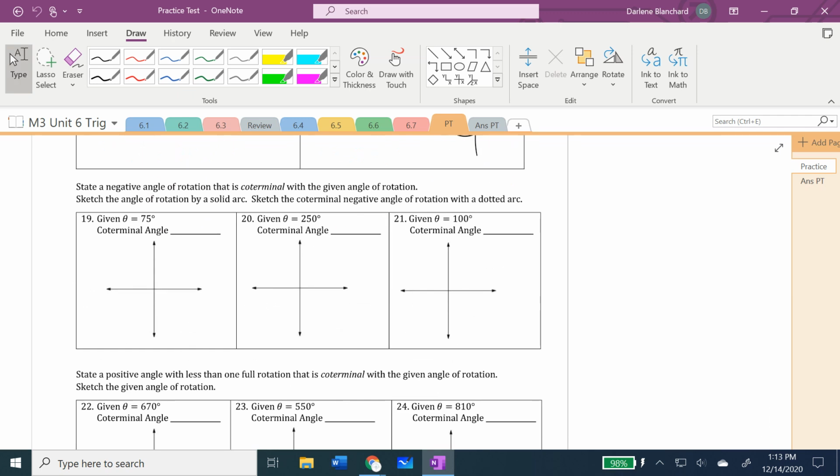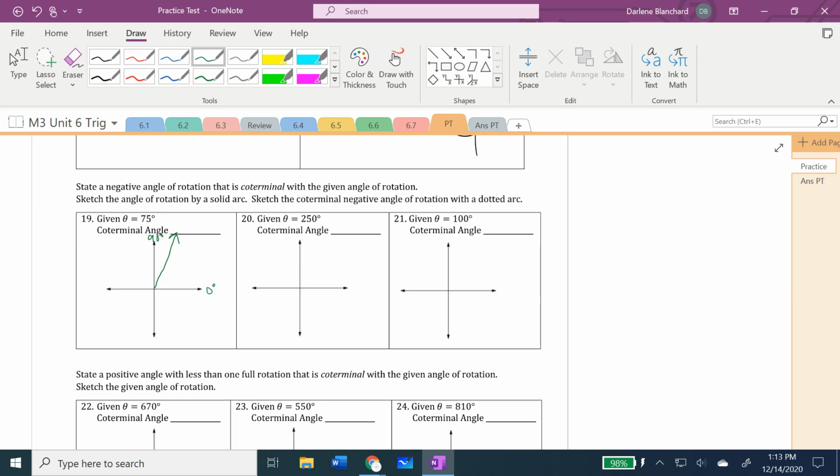Know that when it comes to you drawing angles, I don't expect you to draw a perfect angle. I just want you to approxidraw. So 75 degrees. If you know that 90 is here and 0 is here, can you approxidraw 75? Maybe about there. It doesn't need to be perfect.